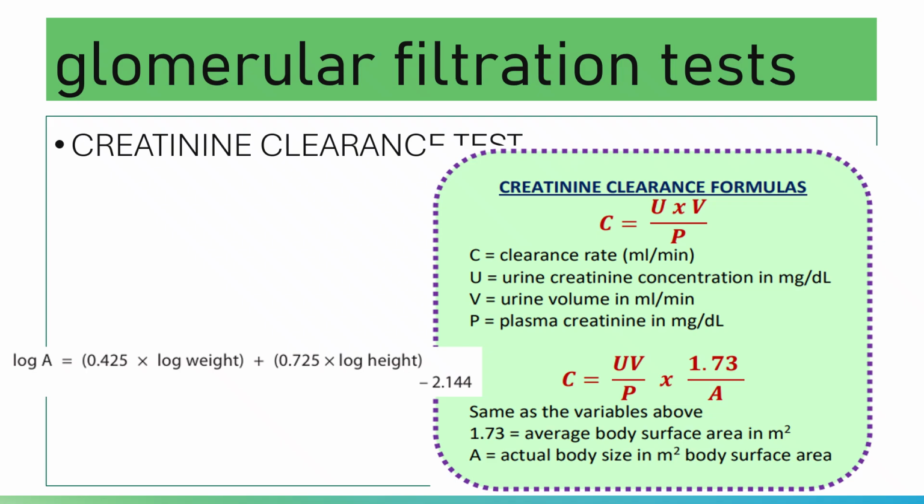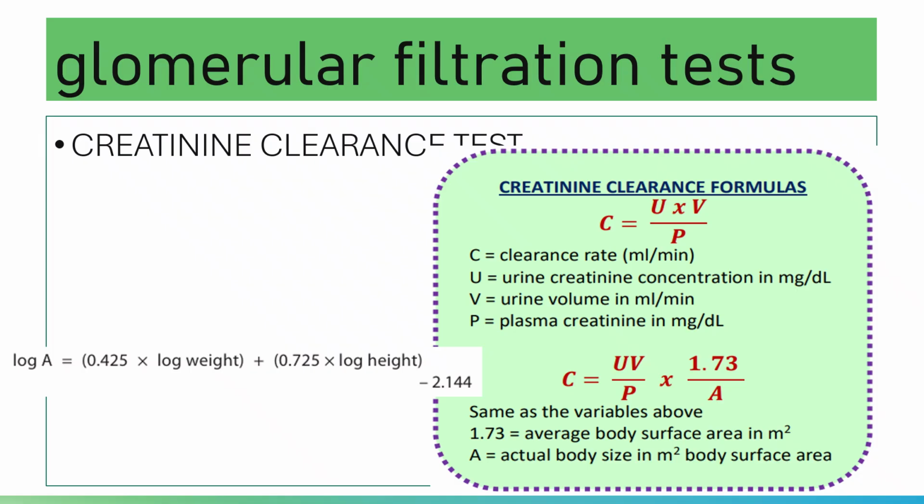And P is your plasma creatinine in milligrams per dL. Please note that you will cancel out the milligrams per dL, as the values of your urine and plasma creatinine are in the same unit. So the unit of measurement that remains is ml per minute. So the unit of measurement of the clearance rate here is ml per minute.